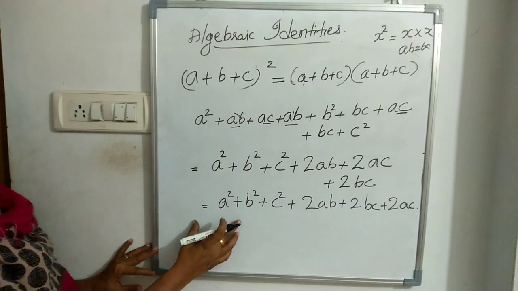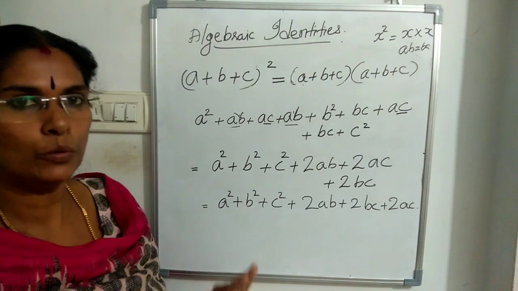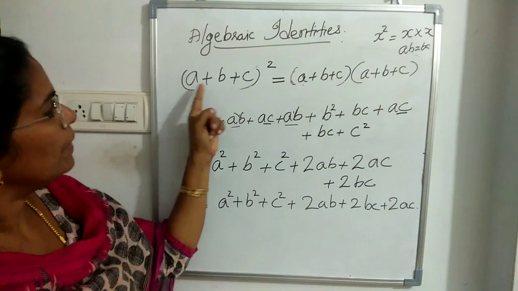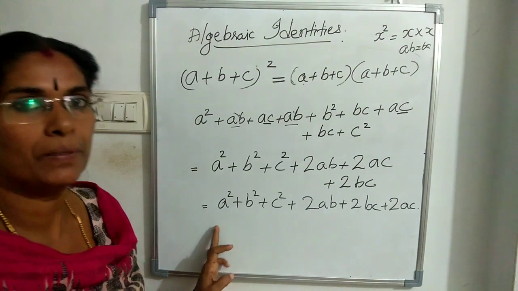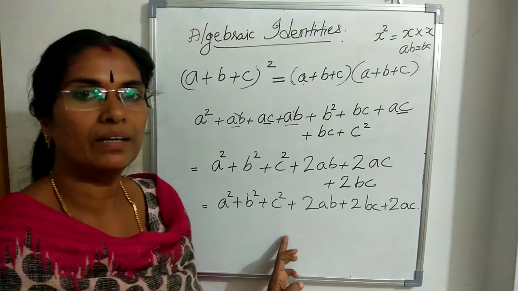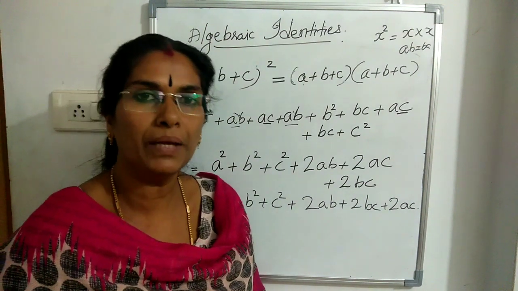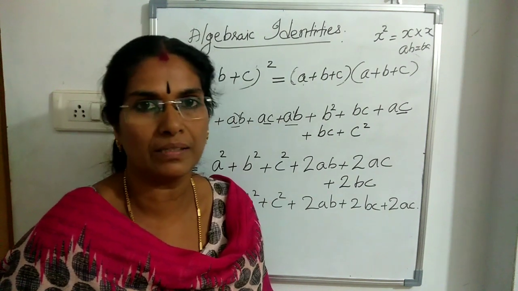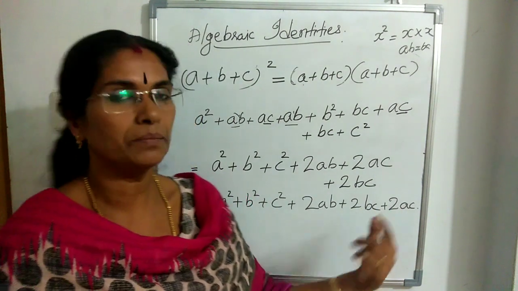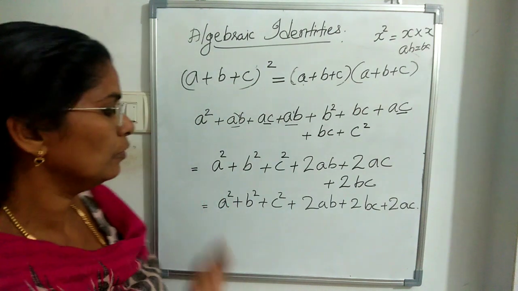So this is the new identity you have to learn. (a plus b plus c) whole square is equal to a square plus b square plus c square plus 2ab plus 2bc plus 2ca or 2ac. Any letter we change means no problem, but you have to say it like this.